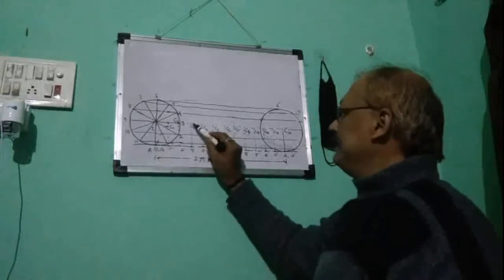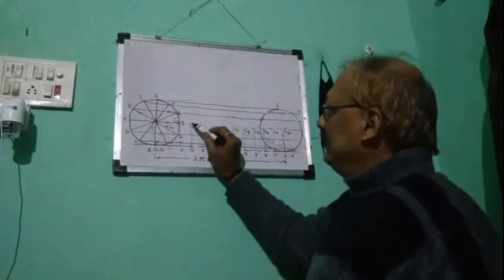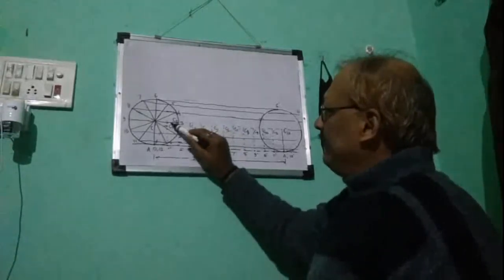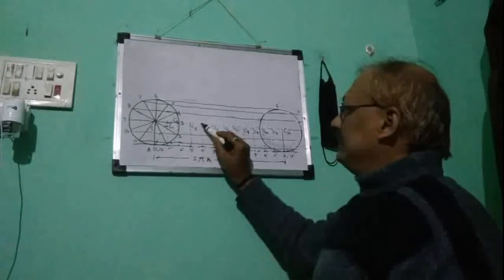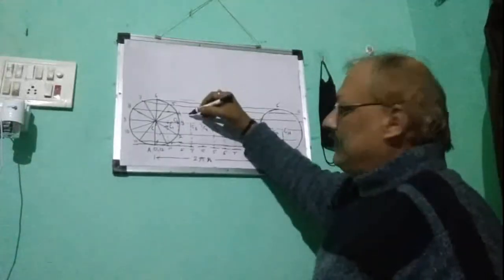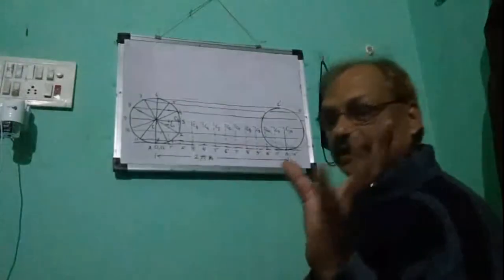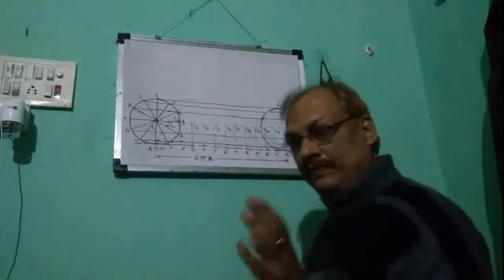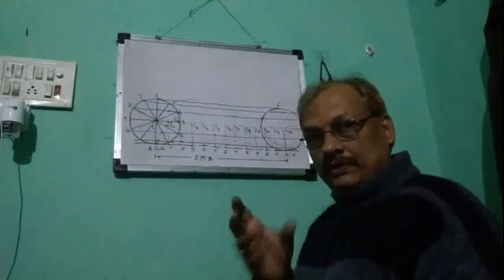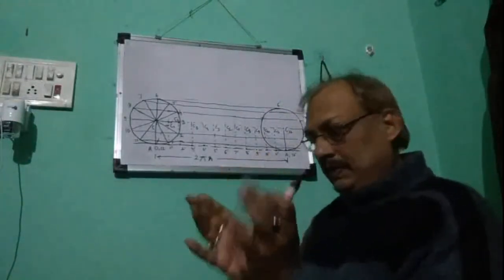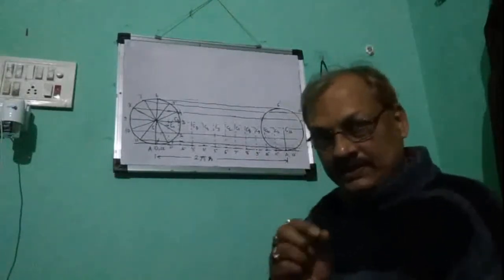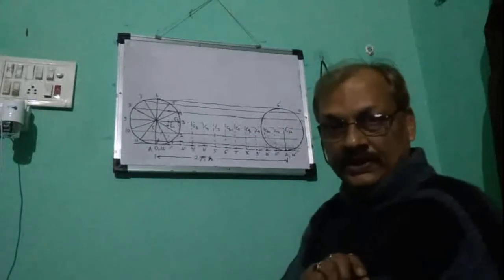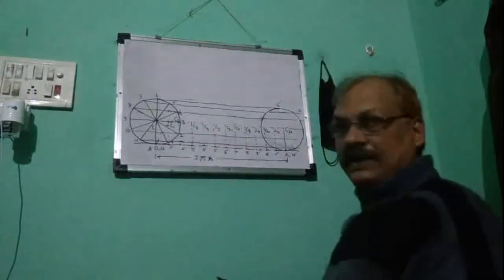This is C3, and it will cut somewhere here. Then from C4 we will cut. Once we took the arc, we separated the legs of the compass by the distance of radius R, and then we are cutting.